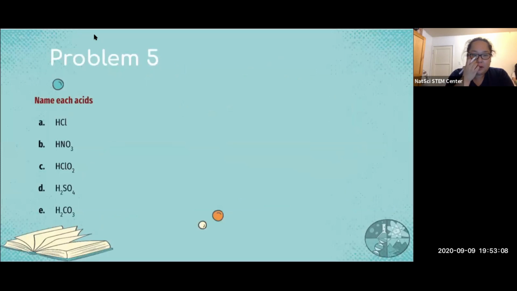So my first problem is, can you name all these acids? That's chloride, so chloride would be hydrochloric acid. Okay, correct. The next one? NO3 is nitrate.